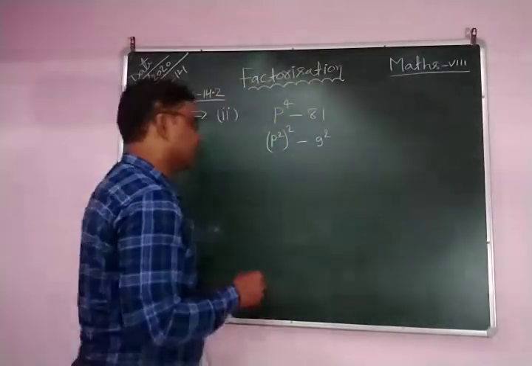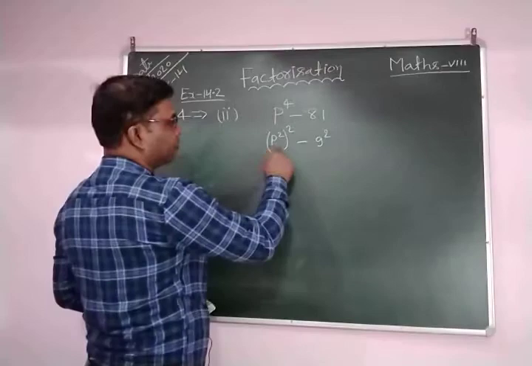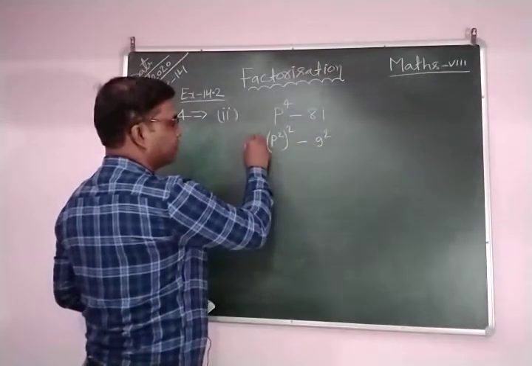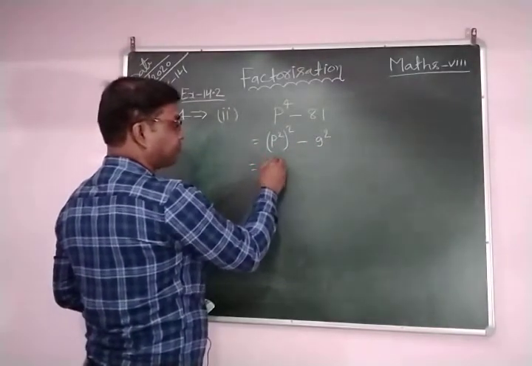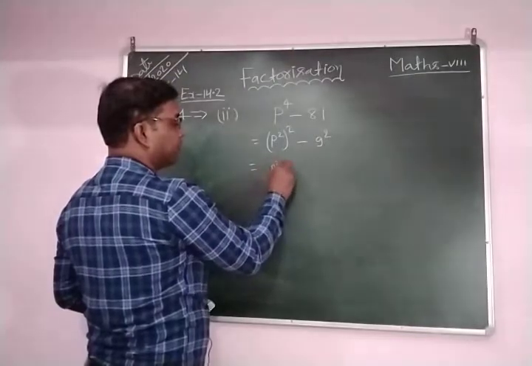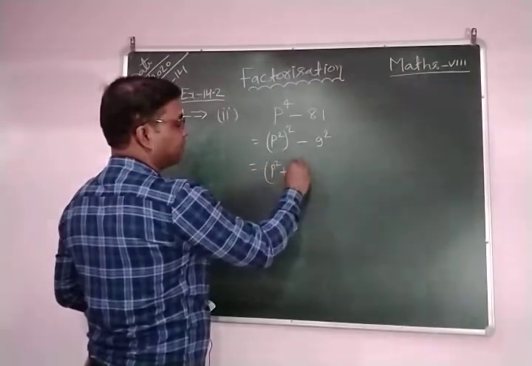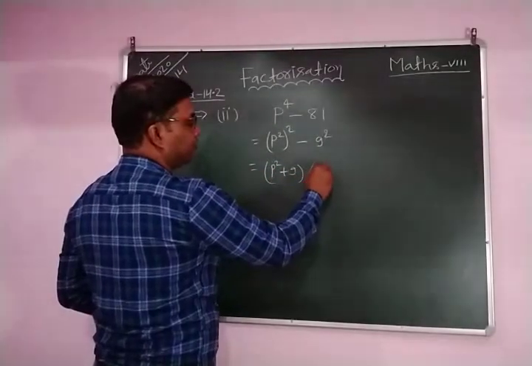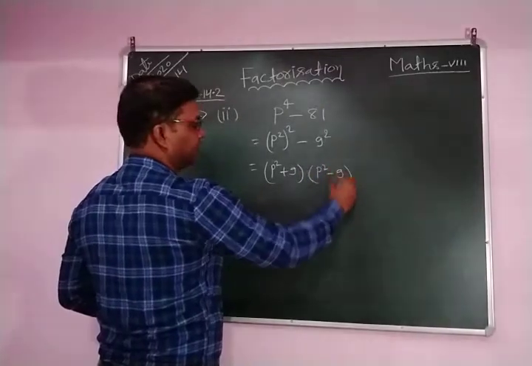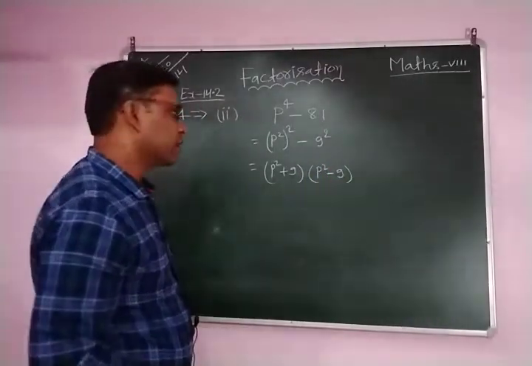Difference of 2 square is equal to sum of the numbers into difference of the numbers. So also you can write it, the numbers here p square and 9. So this is equal to, you can write it p square plus 9. This is sum of the numbers into p square minus 9. This is difference of the numbers. Okay.